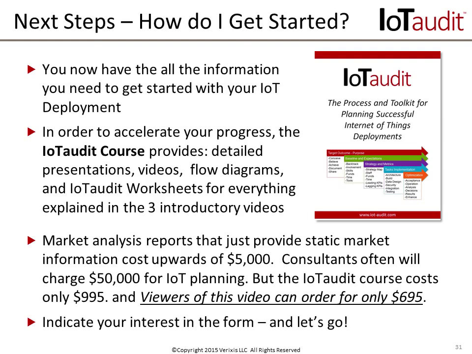The acronym is BEST, and we'll talk a lot about that in the IoT Audit course. But you should be able to actually get started with the information that we provided you, and it'll definitely improve your planning process. But if you want to accelerate your progress, the IoT Audit course I spoke about quite a bit in these introductory videos provides a great deal of information.